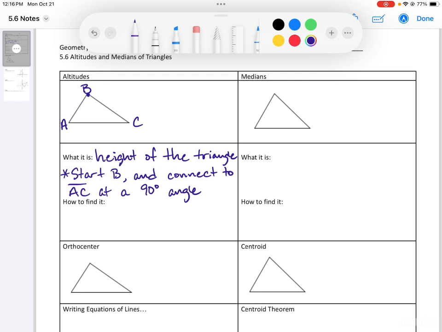So what I would essentially do is find point B up here, find this angle, and I would draw down until I connect with AC at a 90-degree angle.